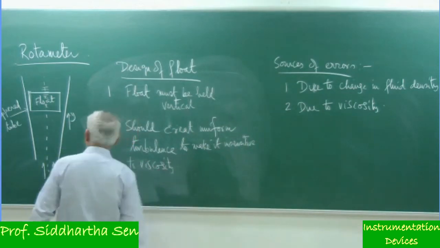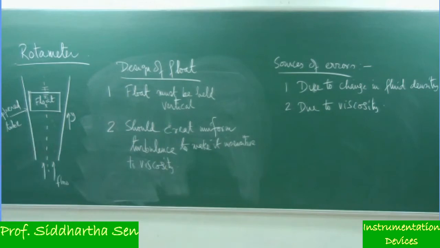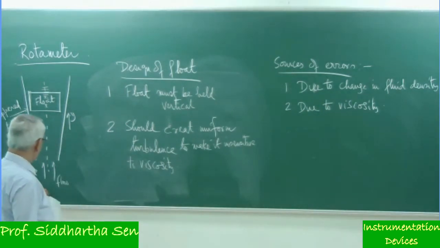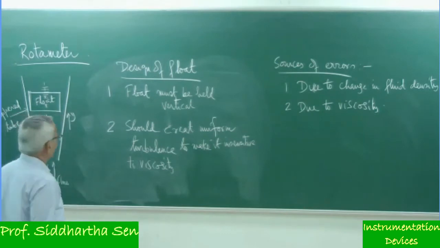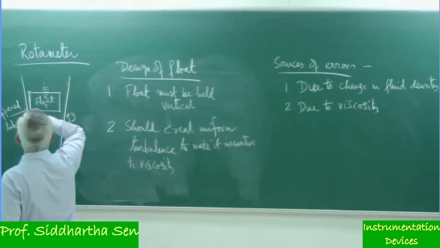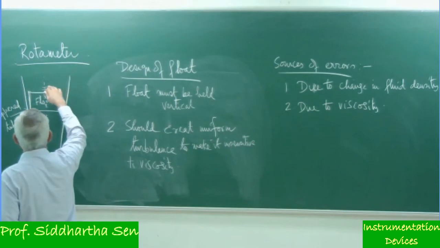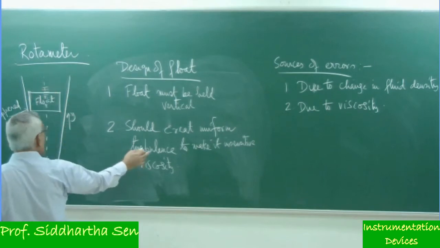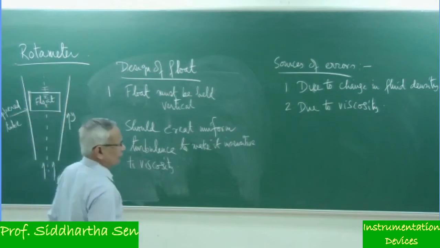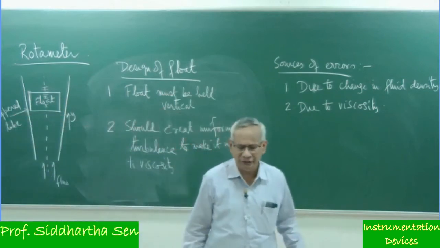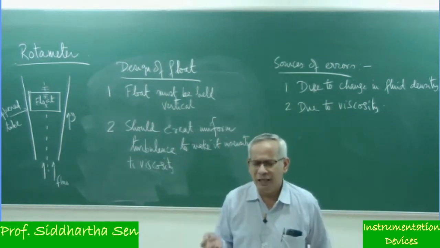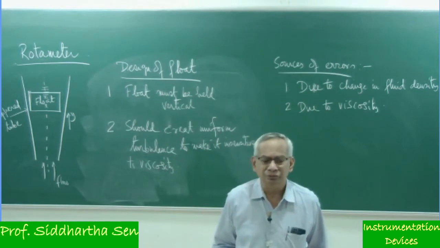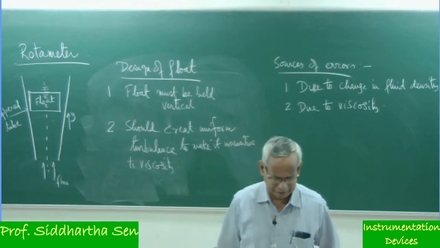Even if the viscosity is high and the Reynolds number is low, as the fluid passes the float, we should make it such that there is some extra turbulence, so that the Reynolds number will be high and the effect of the viscosity can be neglected.